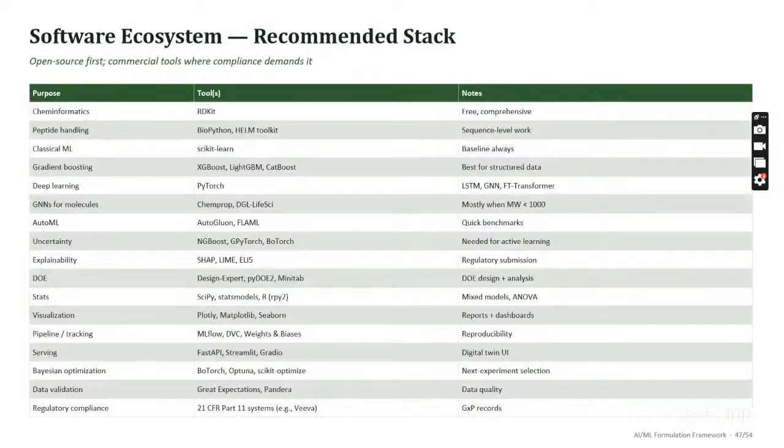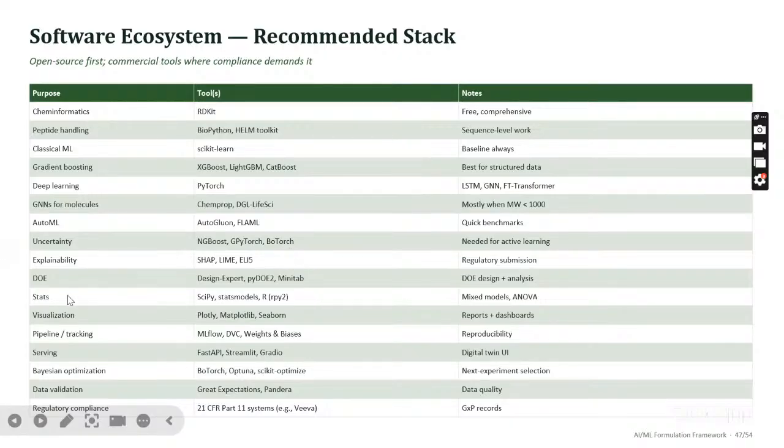Okay. Next, software ecosystem. In software ecosystem, the full recommended stacks: chemoinformatics, peptide handling, classical ML, scikit-learn, and gradient boosting, deep learning, CNN for molecules, auto ML, uncertainty. For uncertainty, these tools are very good to get good results.